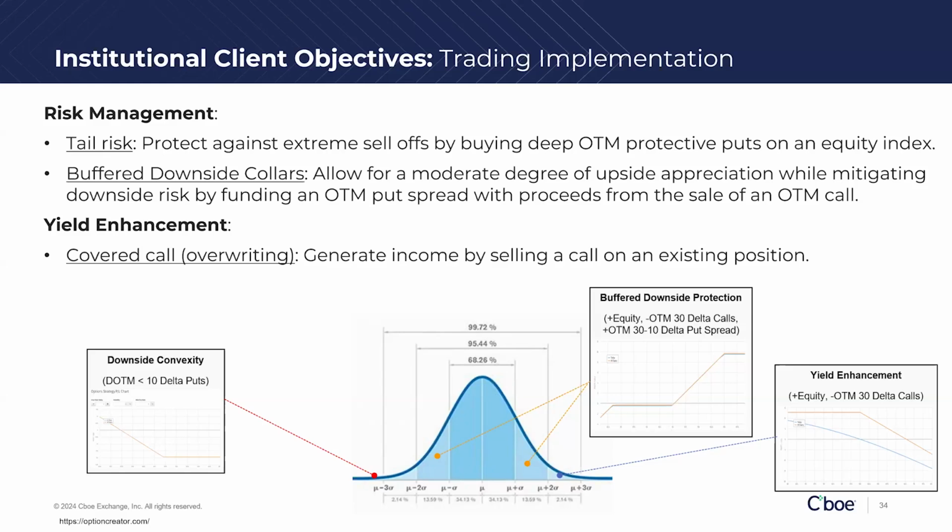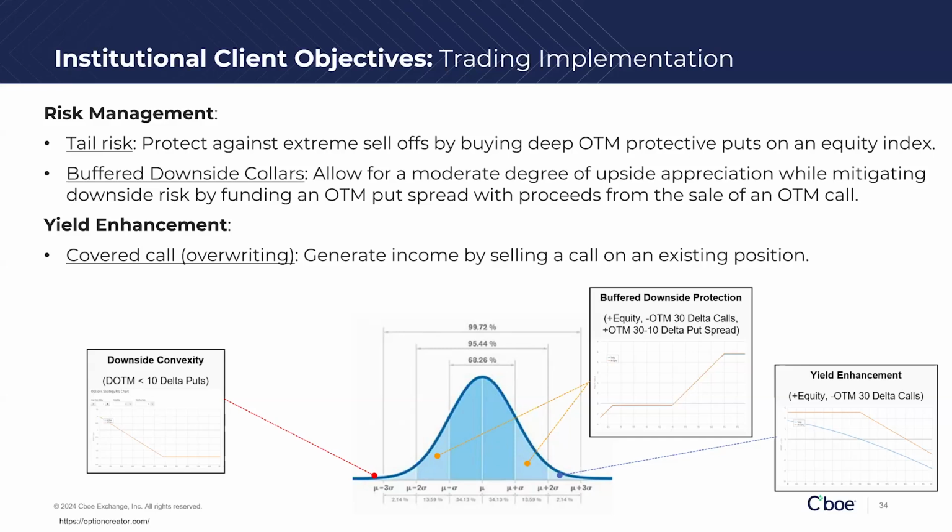Starting from the left-hand side, to hedge against tail risk, which means hedging against an extreme sell-off, volatility traders are buying out of the money protective puts on an equity index. The example I showed here is that they're looking to hedge about a 2 to 3 standard deviation move to the downside in the S&P by buying deep out of the money, about 10 delta, puts.